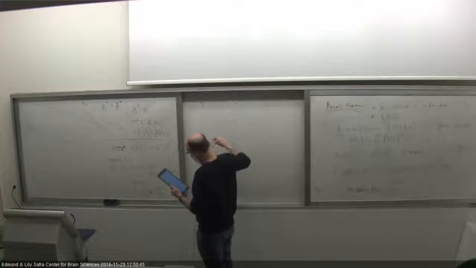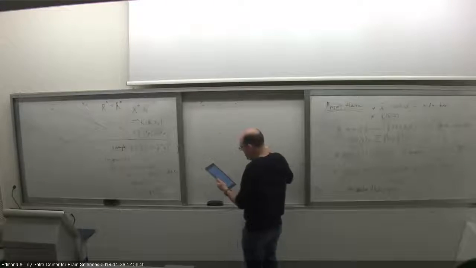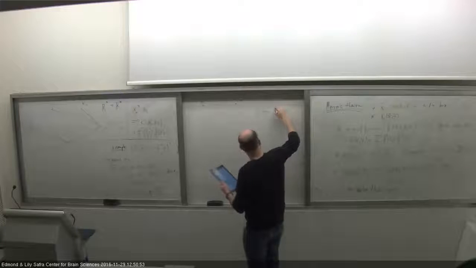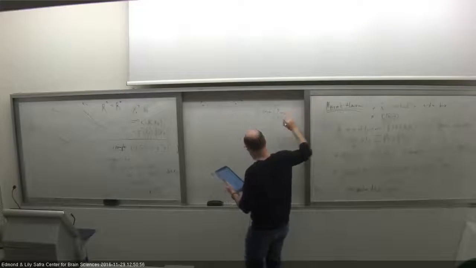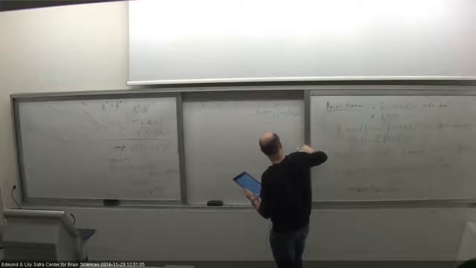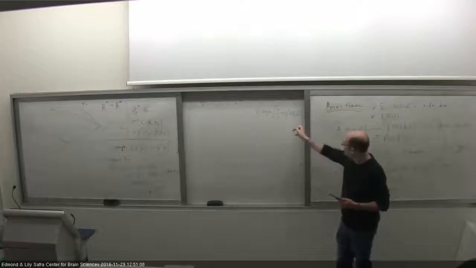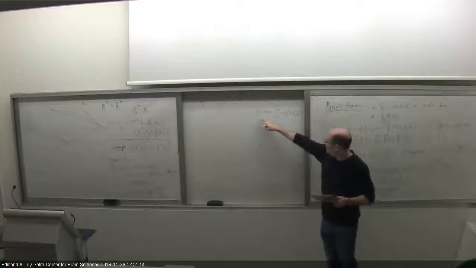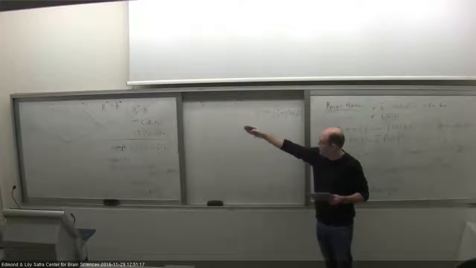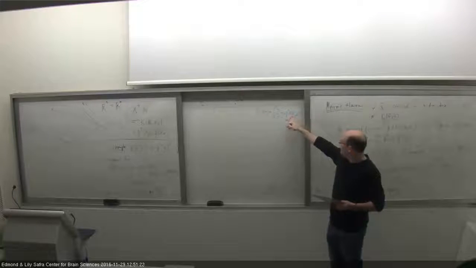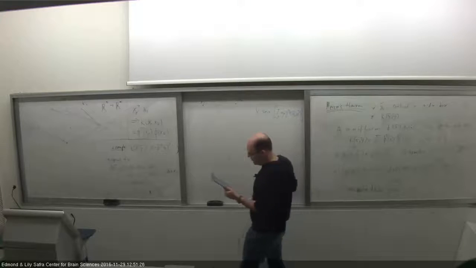Remember that we had y being equal to the sign of the sum over mu of alpha mu, y mu, k of x, x mu. These are the examples. So we trained based on a set of examples. Now we're done with that, and we want to calculate what our approximated dichotomy is doing for some general x. So this is what we need to calculate. So we can represent it as follows.